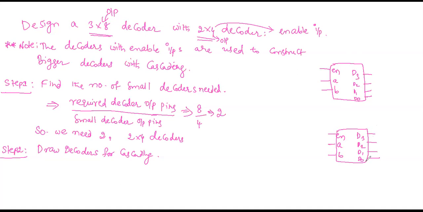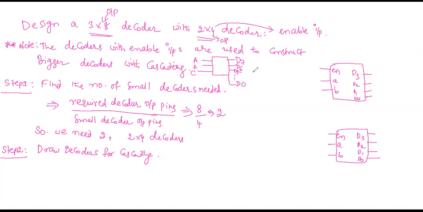Now we need to design 3 by 8 decoder. 3 by 8 decoder means it is having 3 inputs A, B, C and 8 outputs D7, D6, D5 until D0. Okay, this circuit you need to construct from 2 by 4 decoders.